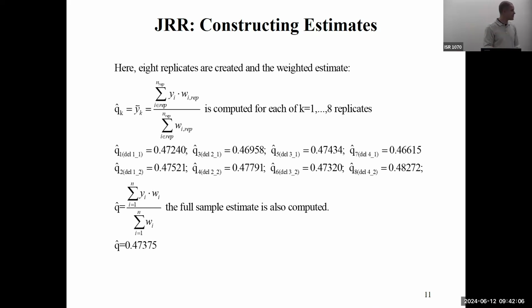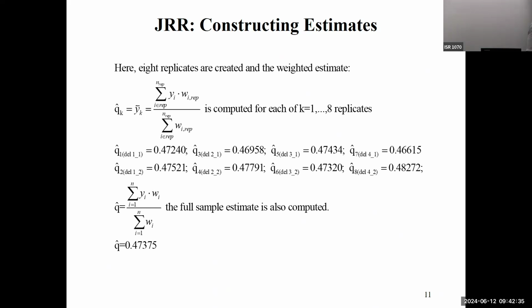So what that's going to produce are 8 different point estimates, 8 different unbiased weighted estimates of whatever our quantity is. This is all that we need for the variance estimation. That's the beautiful thing about these replication procedures. We don't need the stratum codes. We don't need the cluster codes. All that we need are these replicate weighted estimates from each of the different replicates that were formed.